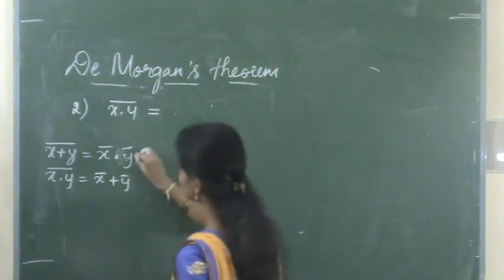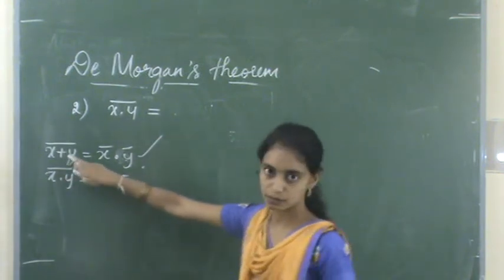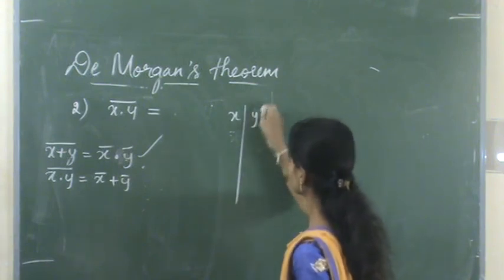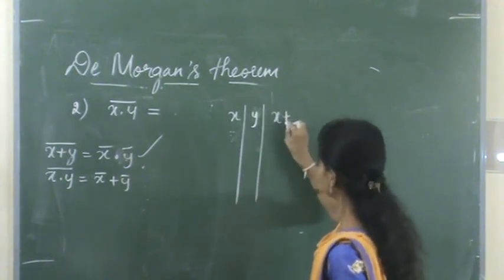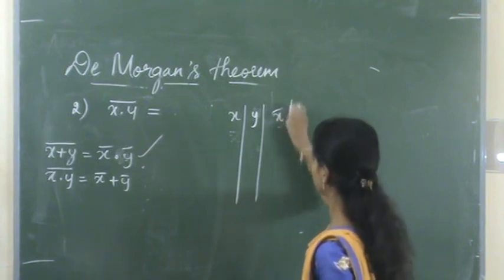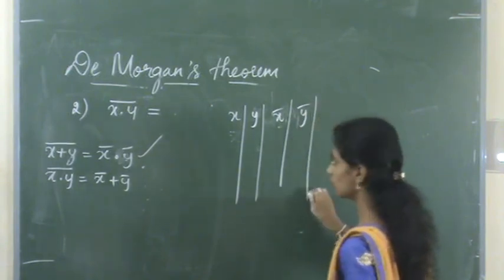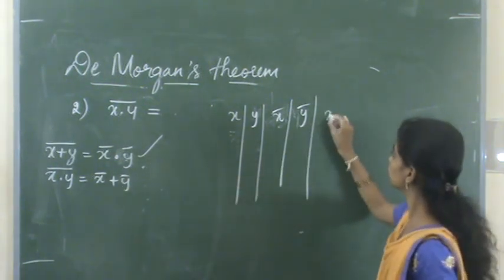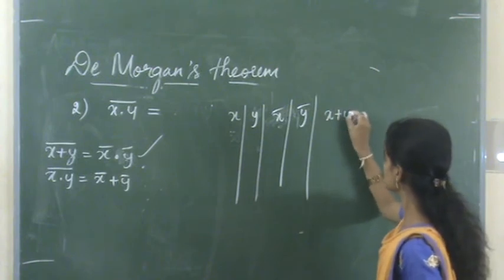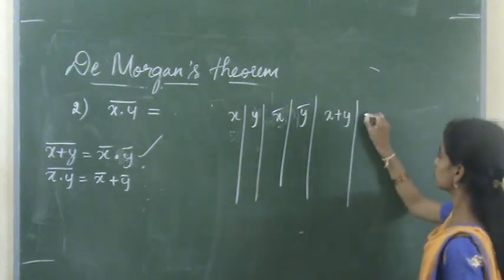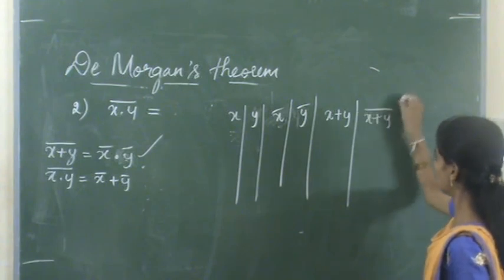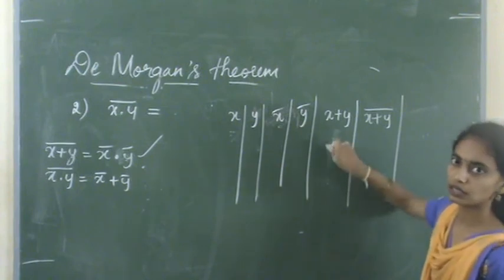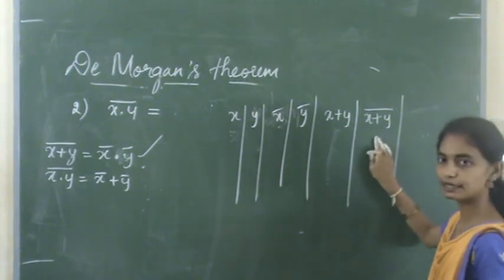Okay. So for the first one, first we need to find x plus y bar. So first we need to write x, y, and then find x bar, y bar. Okay, so for this we need x bar and y bar. So after that find x plus y. Okay, so after that x plus y whole bar. So whole bar means the result of this complement will be the result of this.